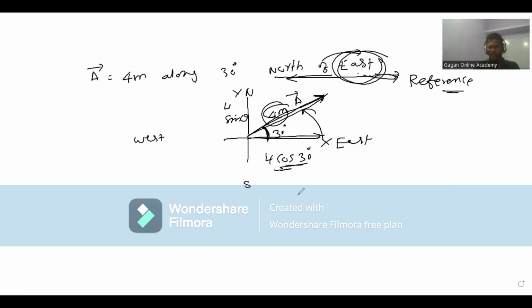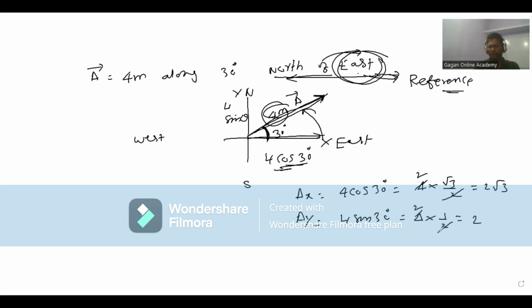So horizontal component Ax is 4 cos 30. We have to calculate this value. Cos 30 degrees is root 3 by 2, so 4 times root 3 by 2 gives us 2 root 3. And Y component Ay is 4 sin 30. Sin 30 is one by two, so 4 times one half is 2.